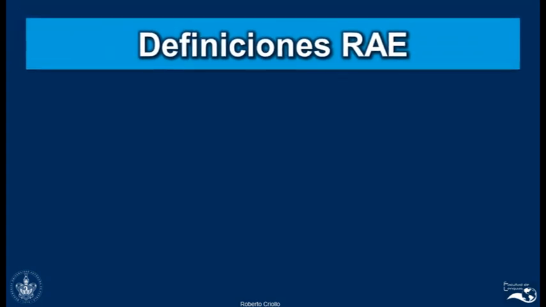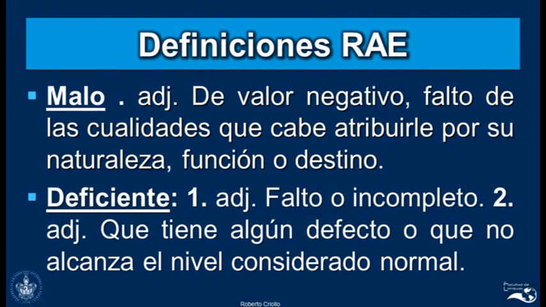Now, because we want our scale to be valid and reliable, we need to make sure that we include appropriate units of measurement. For example, if in our instruments we include the words malo y deficiente, the problem is that these two terms are somewhat synonymous, and therefore this does not allow a precise measure of the level of proficiency that the teacher has.